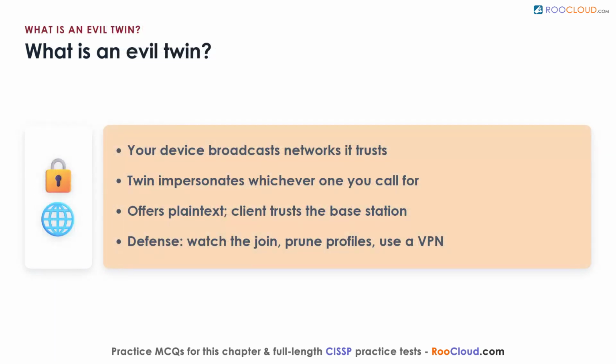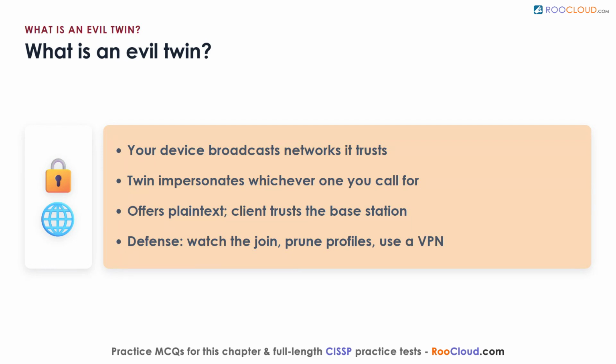How is an evil twin sneakier than an ordinary rogue? Because it lets the victim's own device pick the trap. Every time your device joins a network, it remembers that profile and later broadcasts requests to reconnect, naming the networks it trusts. An evil twin listens for those requests, then instantly impersonates whichever network your device is calling for, offering a plaintext connection.